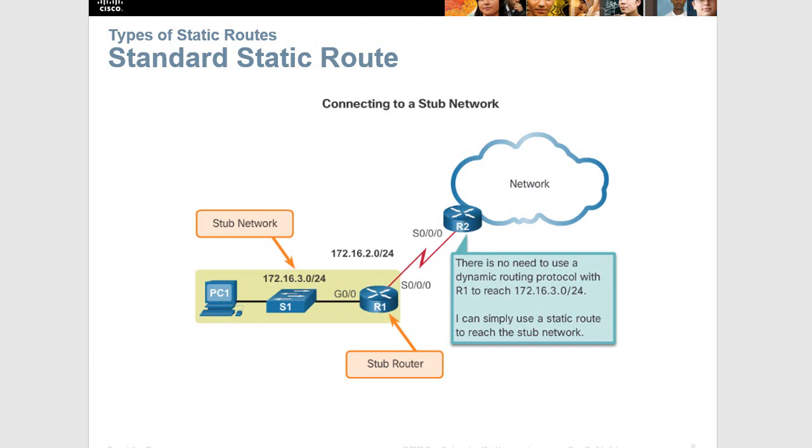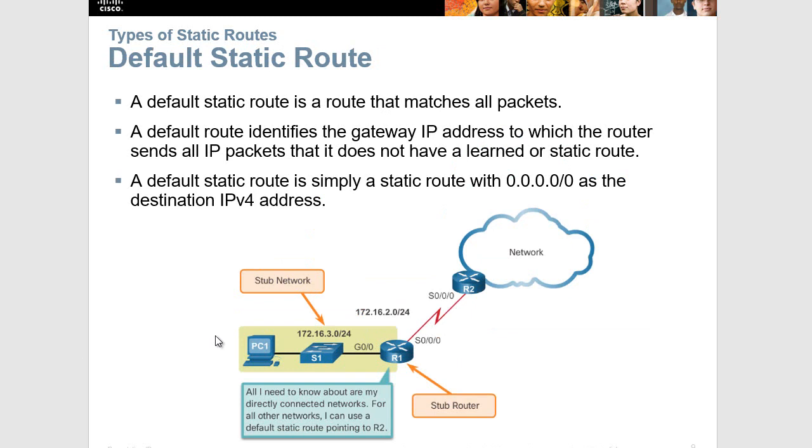But the reverse, if you're trying to get from R1 to R2 or any other network, R1 is directly connected to the .3 network over here, the stub network. If it's not traffic within this network, then the only other network it knows about is the one that's connected to R2.